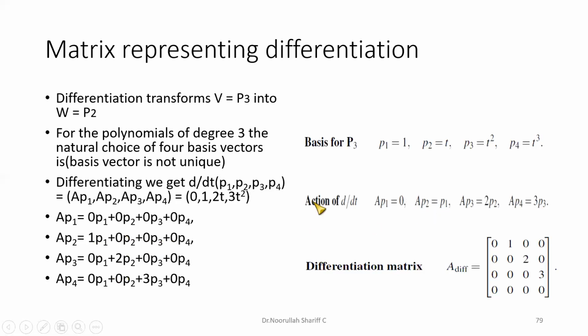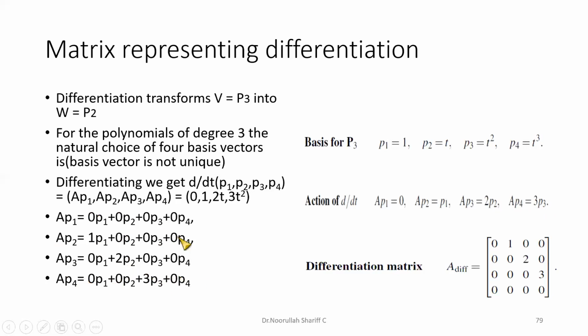Similarly, AP3 is 2P2, that is the coefficient of P2 is 2, otherwise the coefficients of P1, P3, P4 will be 0. Similarly, AP4 is 3P3, the coefficient of P3 is 3, and all other coefficients are zeros.